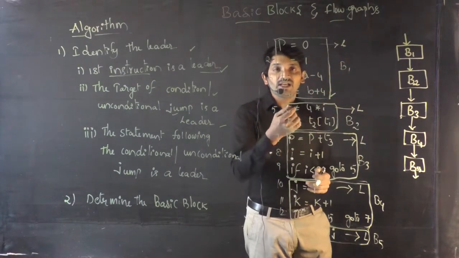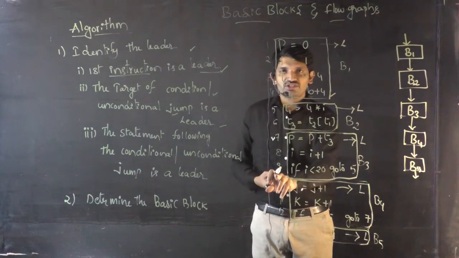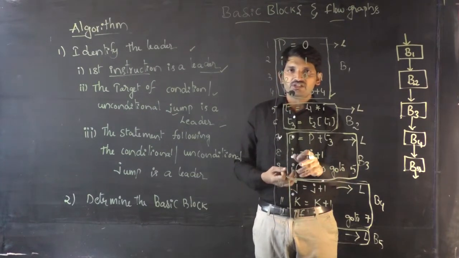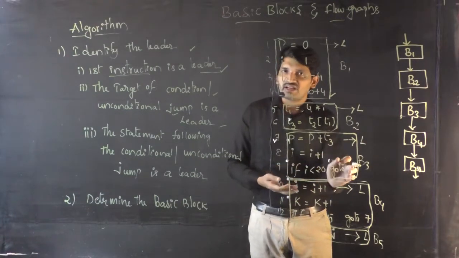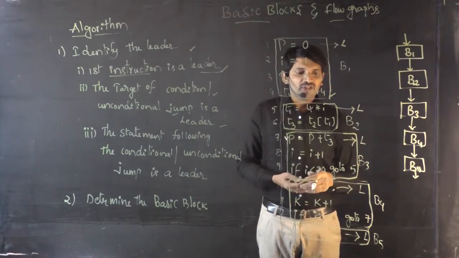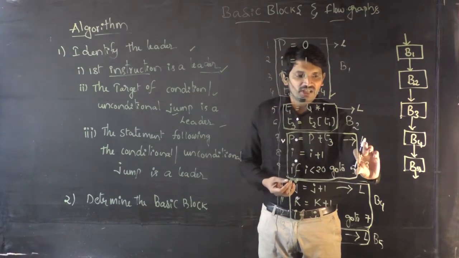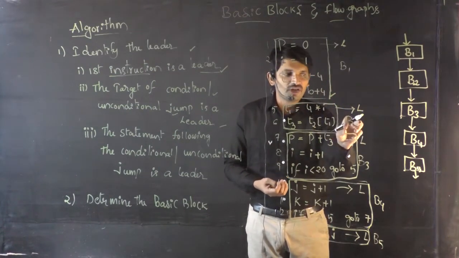Come to the conditional and unconditional statements. In the 9th instruction we found a conditional statement: if I less than 20, go to 5. That means from basic block 3 I have to move to the 5th instruction, which is located in basic block 2.